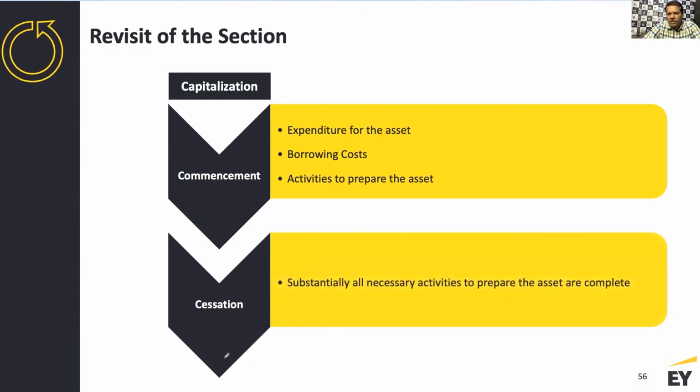You may also need to stop capitalization in an intermediate period if there is a disruption in the construction activity which is abnormal in nature, like the example we talked about, that you have to move an asset from plant A to plant B, and that period was completely unnecessary and not adding any value. Then you need to stop capitalization of your interest cost during that period, right?